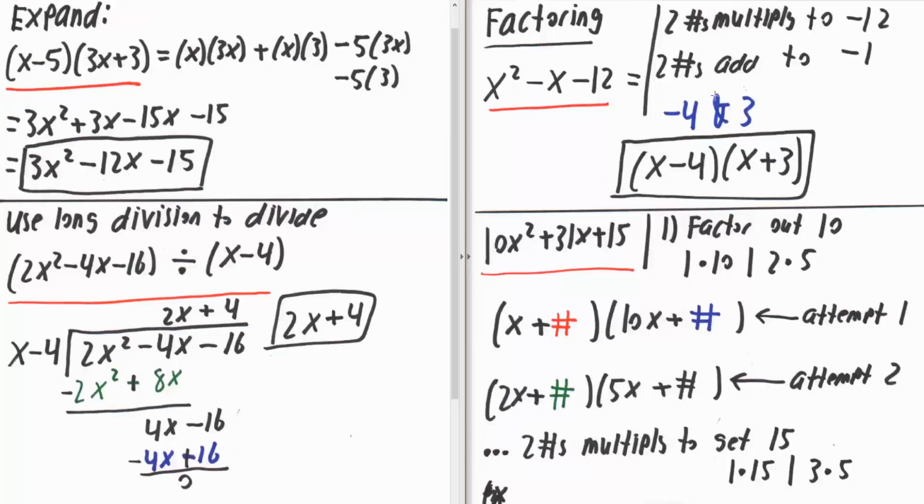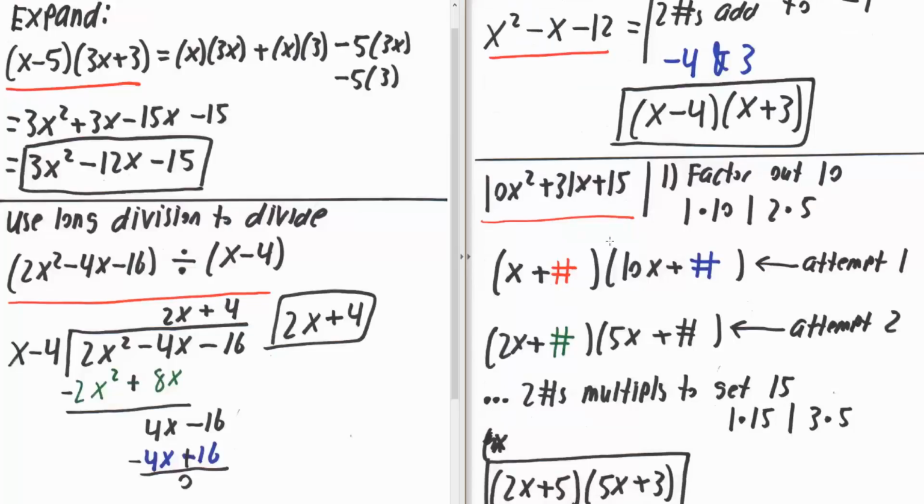And so thinking about it, we know that negative 4 times 3 is negative 12. Negative 4 plus 3 is negative 1. And so our final answer for this is (x - 4)(x + 3). This problem was a little bit easy because we didn't have a coefficient for x squared. And the problem below, we have a coefficient, so it's a little more challenging.